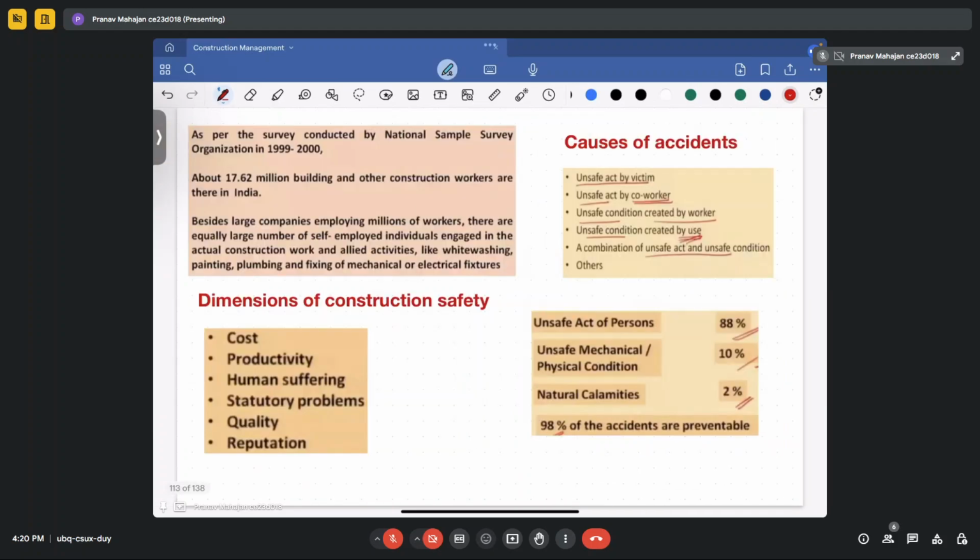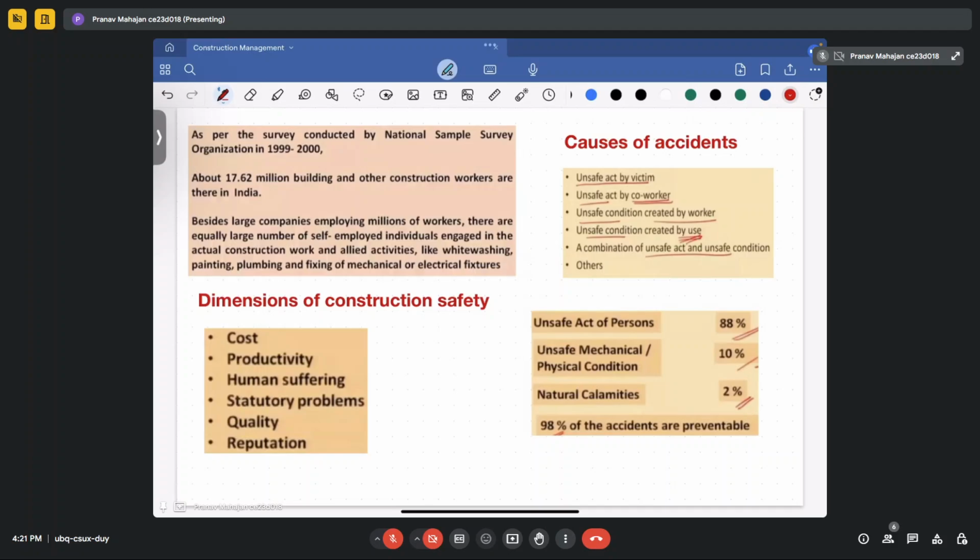Okay, so as per the survey conducted by the National Sample Survey in 1999 to 2000, it was observed that about 17.62 million building and other construction workers are there in India.